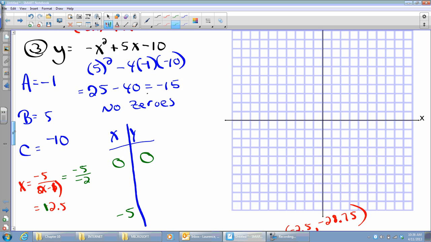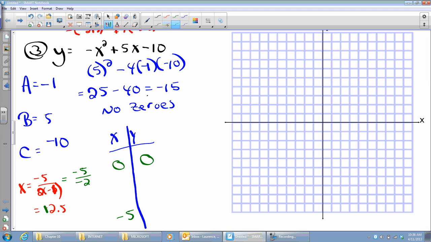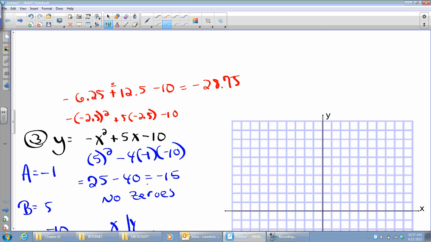So I will get rid of that point there, and I will go to positive 2.5, put that in, and that'll change this guy to a positive. That's the only thing it's going to change, is that this is going to be positive. So it's going to change that 12.5 to a positive. And I like this better.